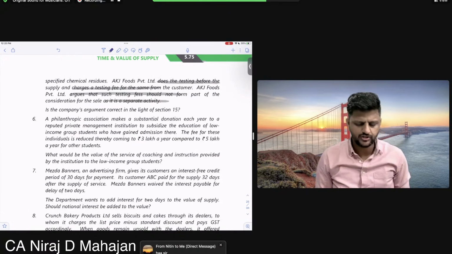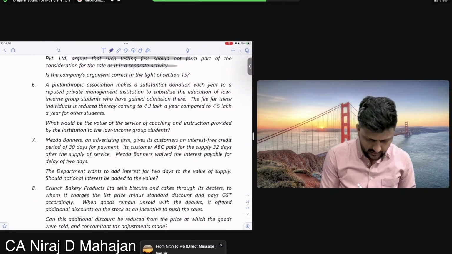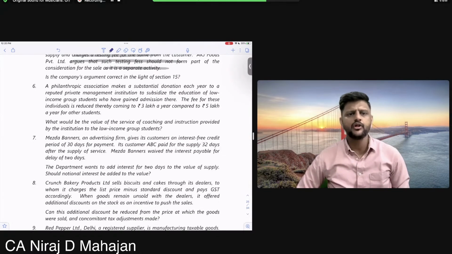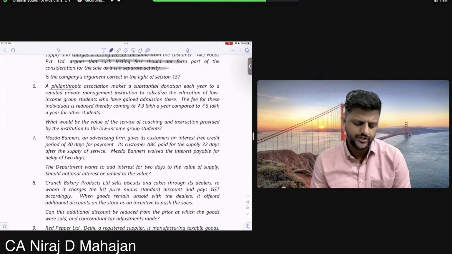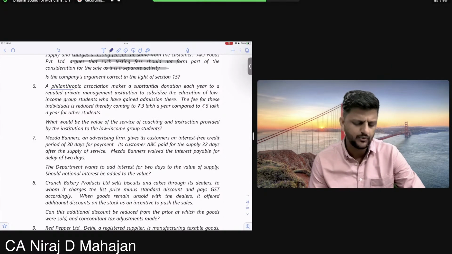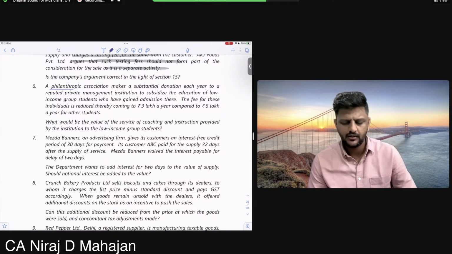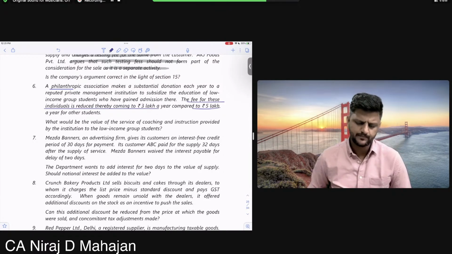A philanthropic association. Philanthropy means donation, charity, children. Okay? Philanthropy is donation or charity. So philanthropic means the entity which does donation and charity. It makes a substantial donation each year to a reputed private management institution to subsidize education of low income group students who have gained admission there. The fee of these individuals is reduced to 3 lakhs a year compared to 5 lakhs for other students.